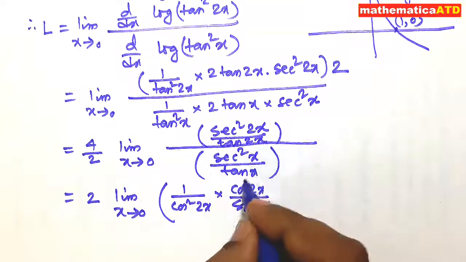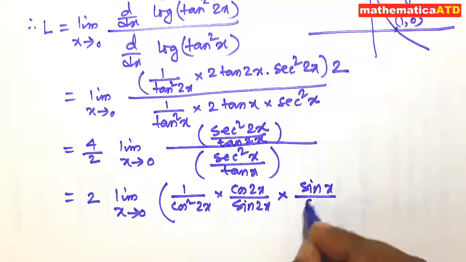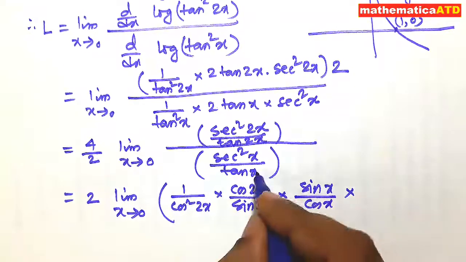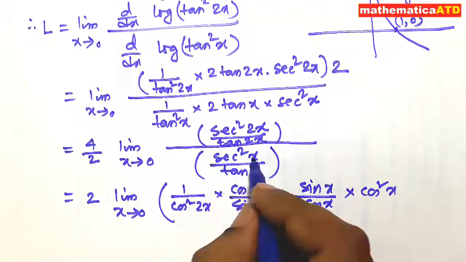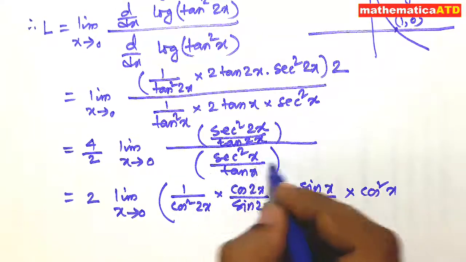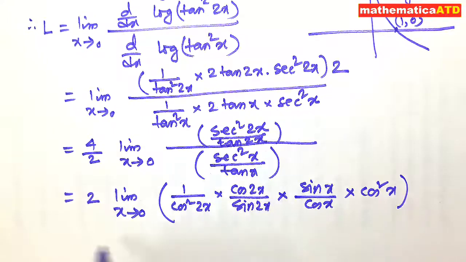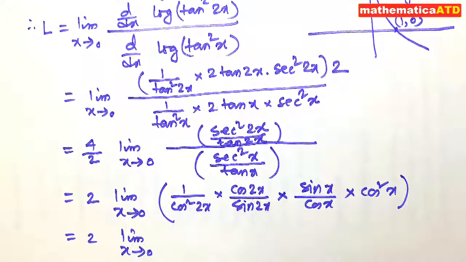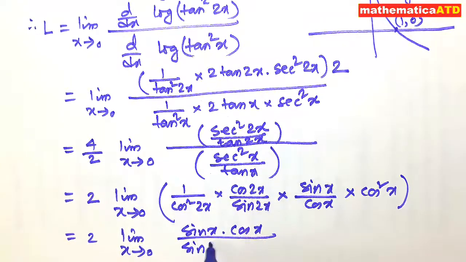And sec square x divided by tan x can be written as sin x by cos x into cos square x, because tan x is in the denominator, so taking it to the numerator it will be cos square x. So now this is twice limit x tends to 0 of sin x into cos x divided by sin 2x into cos 2x.